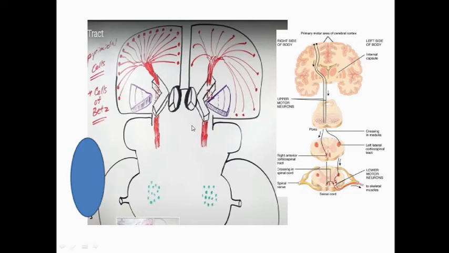So they enter into the brain stem with the cerebral peduncle, or crus cerebri. You can see they are entering the same on both sides, right and left. So these are the cortical fibers which are entering into the brain stem.